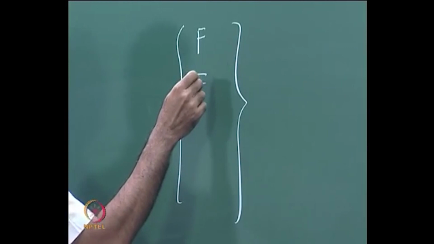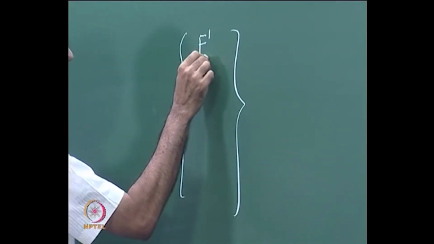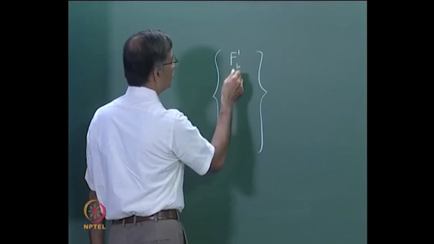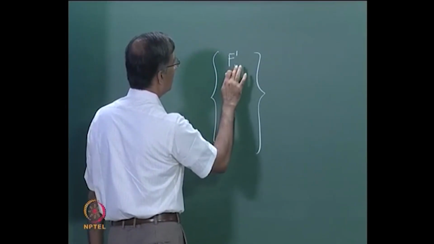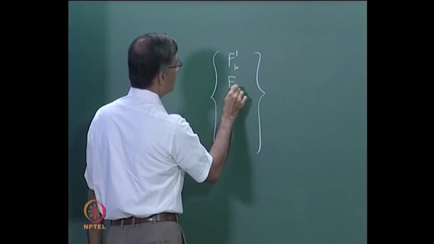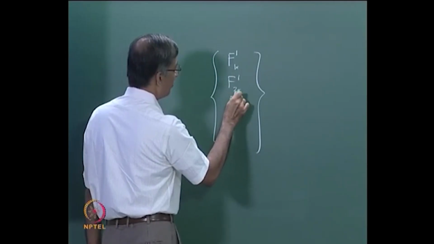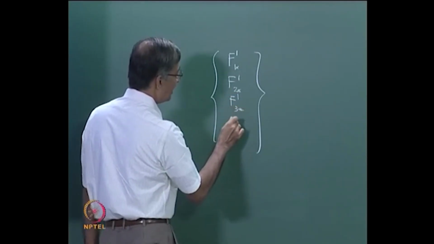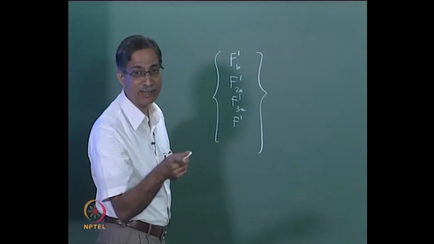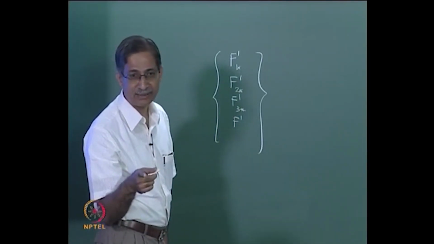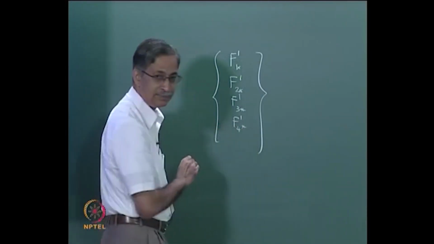Let us take the first element, F1 1 star, 2 star, 3 star. By now you know that the truss element has 4 degrees of freedom. We worked out the stiffness matrix in the last class, right? So this is F4 star, got it?